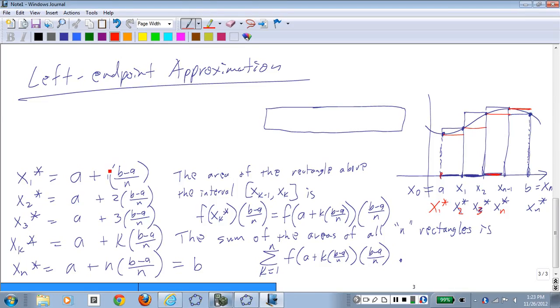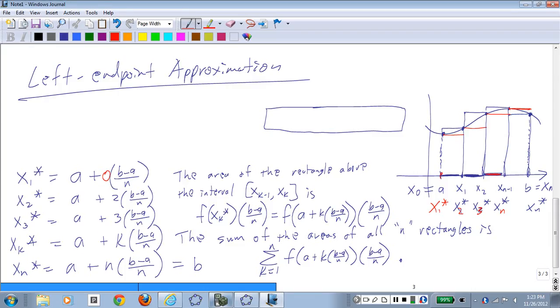What changes here in the calculations? Well, not too much. X sub 1 star is a. For simplicity and comparison, I'm going to put a 0 there. But the left-hand endpoint of the first interval is a, just where you start. So a plus what? A plus nothing, just a.